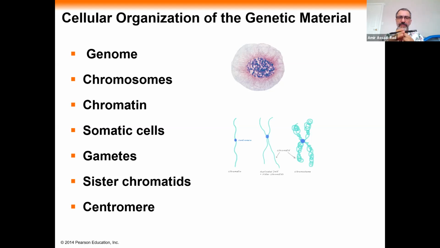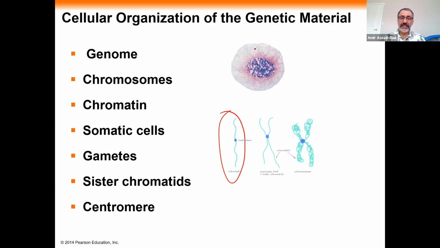So each segment of the DNA is called a gene, which we'll discuss later on in future chapters. So here you're seeing chromosomes. Right here are chromosomes. And chromatin is all of the nuclear material. I give you the definition here: in the nucleus it is called chromatin.